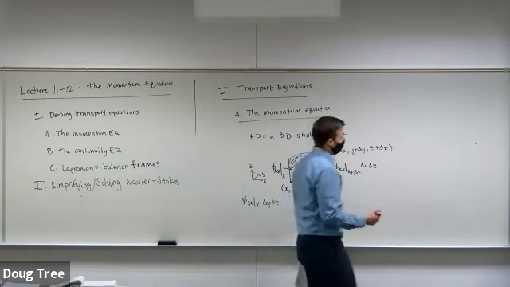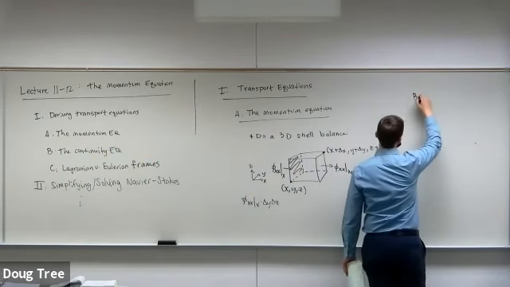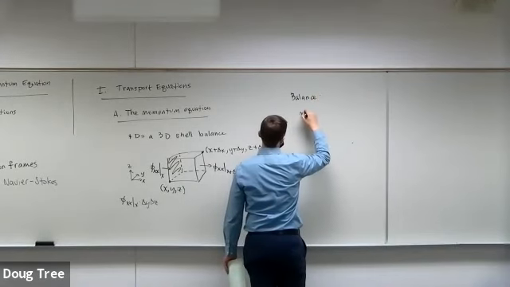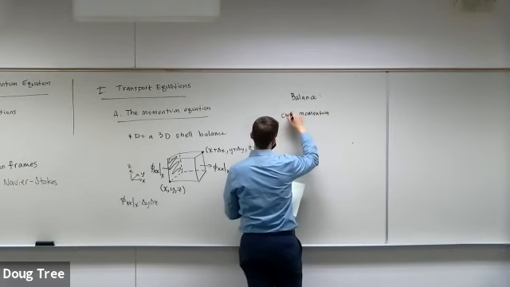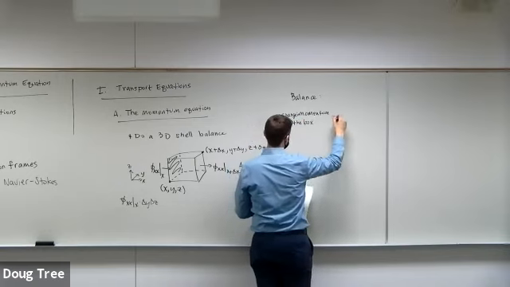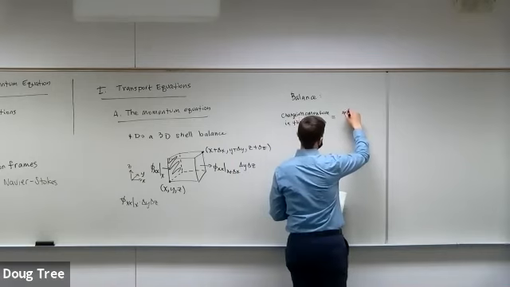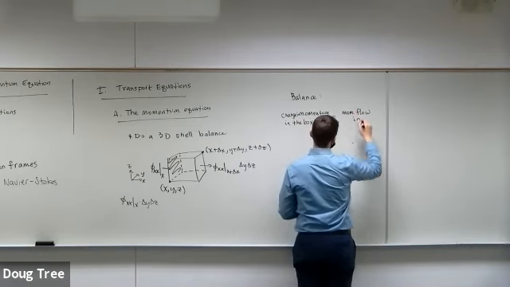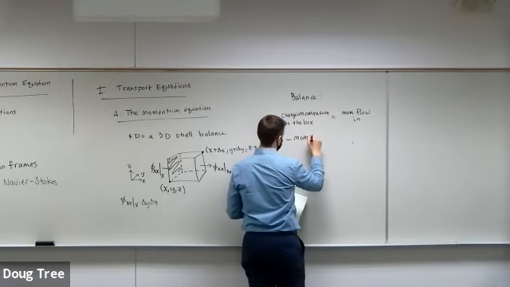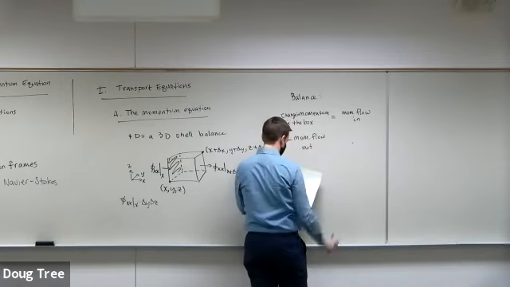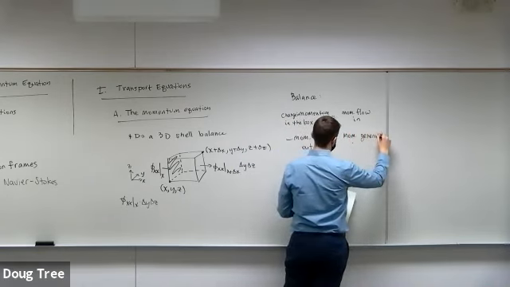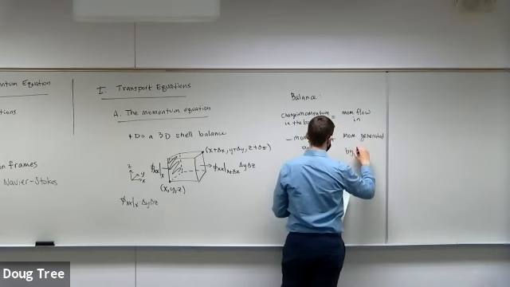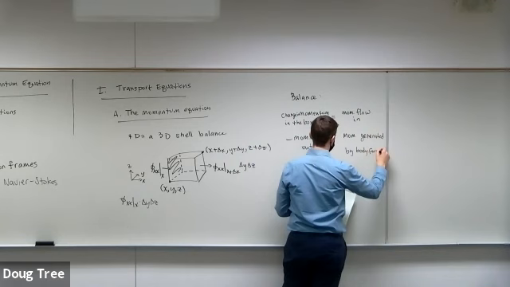So we're going to have these flow terms in and out, and what we want to do is a balance on that. If you remember, our balance said the change in momentum in the box is equal to momentum flow in minus momentum flow out plus momentum that's generated by body forces, things like gravity.